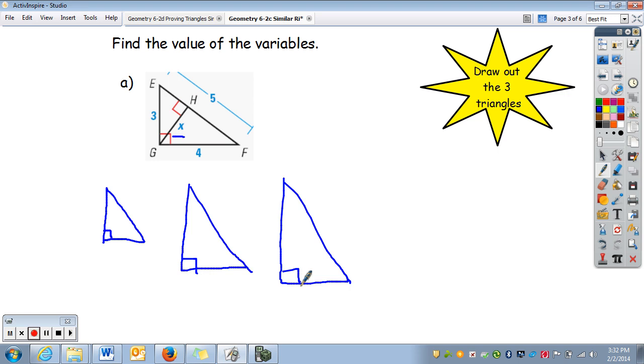Alright, so let's look at the small right triangle and let's figure out what you actually know for sure. We have the small leg, which is always part of the big hypotenuse. We do not know that. The median leg is x right there, so we can put x right here. Now notice 3 is the hypotenuse, and the reason I know it's the hypotenuse is because it's across from the 90-degree angle, so 3 goes here.